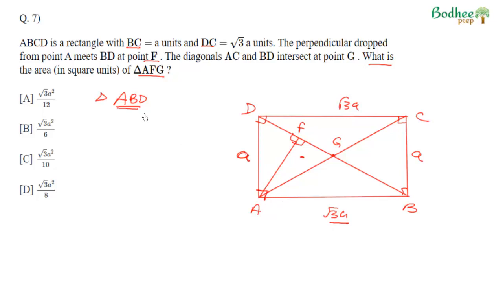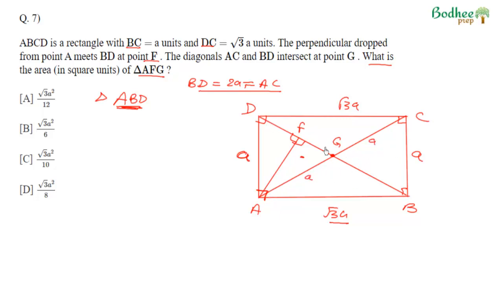So applying Pythagoras theorem, we can get the value of BD. So the value of BD, which is the diagonal, is nothing but 2A, and that too would be the value of the other diagonal, AC, because in a rectangle both the diagonals are equal. Now, since G is the center point of this rectangle, G will divide the diagonals into two equal parts. We can say that each of these values AG and GC will be A.